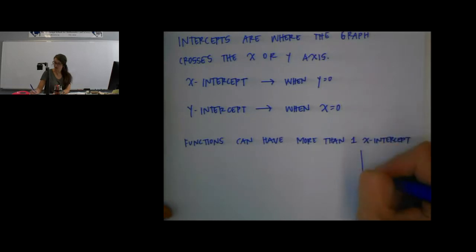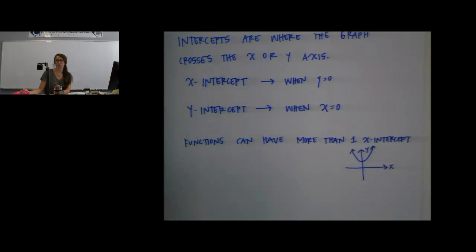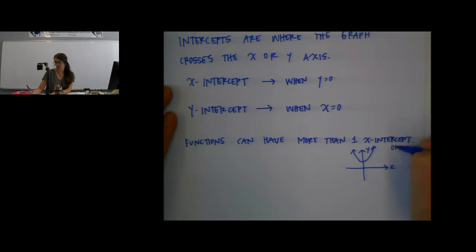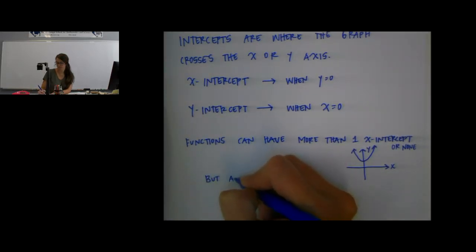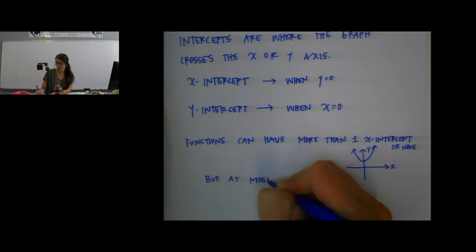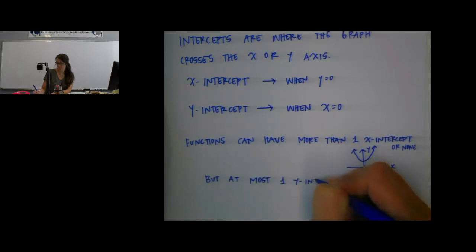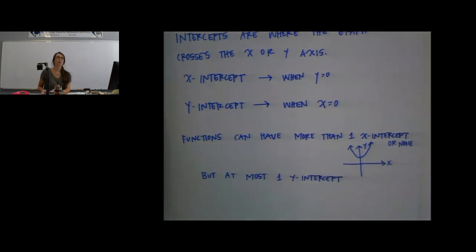So a graph that is a parabola that opens up is not going to have an X-intercept. Okay, so functions can have more than one X-intercept or none. I'll say that, or none. Okay, but they can only have one Y-intercept.